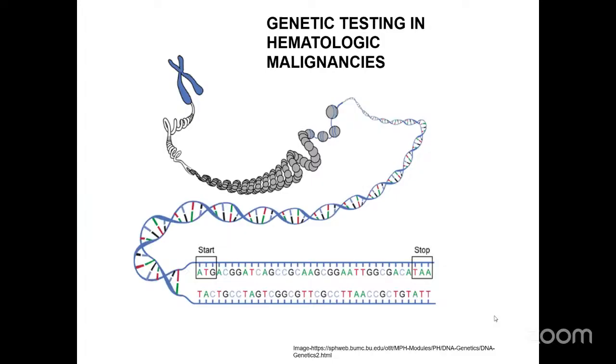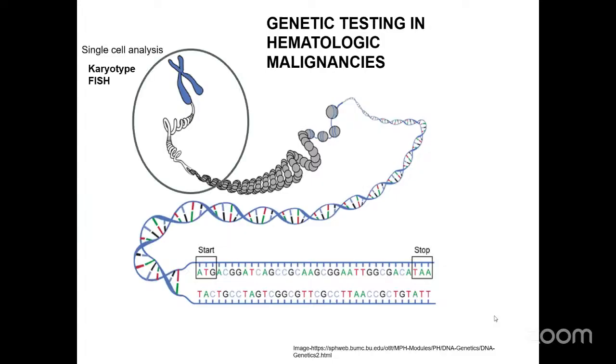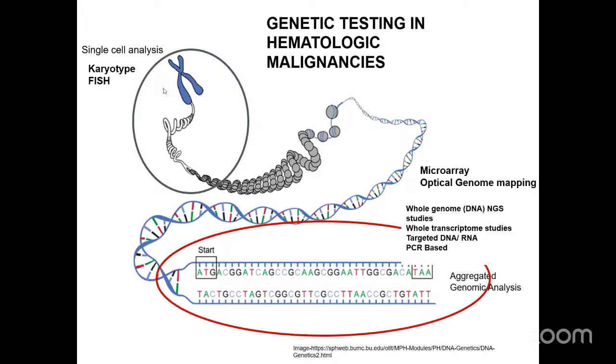To put it in a visual way, single cell analysis is more like karyotype and FISH, which give you the results of genetic abnormalities at the single cell level. Whereas whole genome, NGS, whole transcriptome, PCR, all of these give you results in an aggregated genomic analysis, not single cell, but the resolution is better, up to a base level.